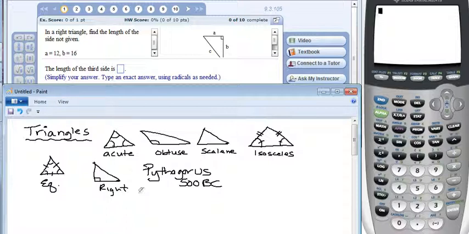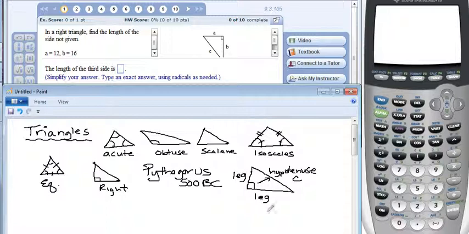Well, he said in a right triangle, let's label what we have here. We have the 90. The side across here is called the hypotenuse, and that's always side C. And for right now, until we get into our right angle trig, we're just going to call these legs, and they're interchangeable.